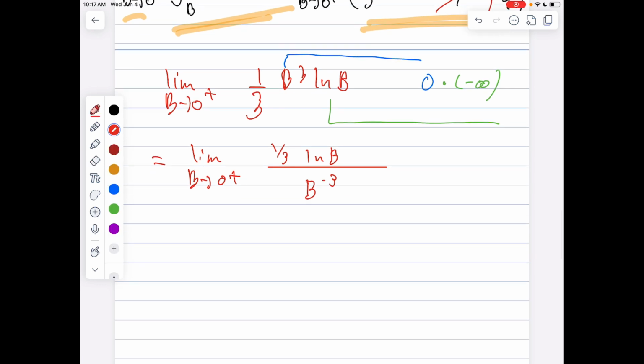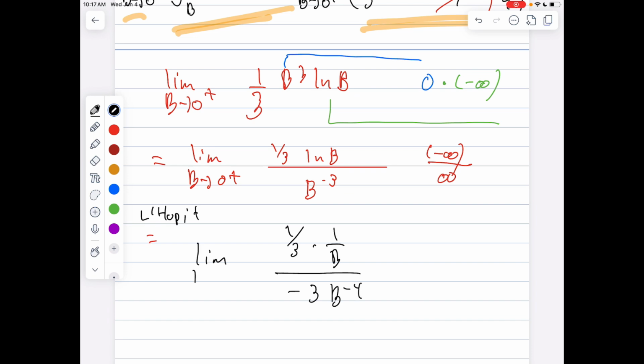The reason I'm doing this is because now it's in the form for L'Hopital's rule. The bottom goes to infinity, and the numerator goes to negative infinity, so infinity over infinity. We can go ahead and use L'Hopital's rule here. If we did L'Hopital, you would have 1 over 3 times 1 over b, all over minus 3b to the minus 4, limit as b approaches 0.